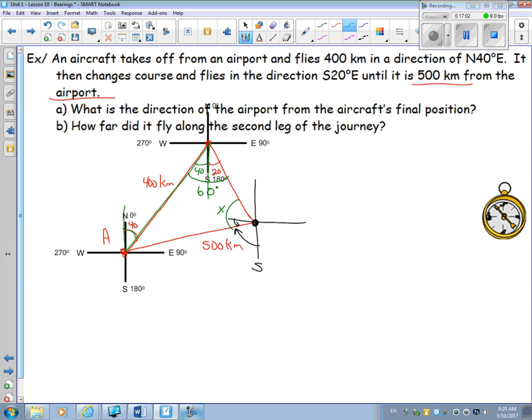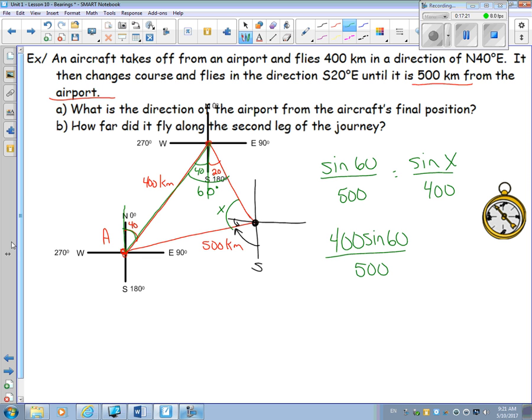Okay, so I can do sine 60 goes with 500. And that's going to match up with sine x going with 400. And we're going to cross multiply. I'm going to leave the 500 on the bottom because it's going to have to go up and then come right back down again. So I'll leave it down there.